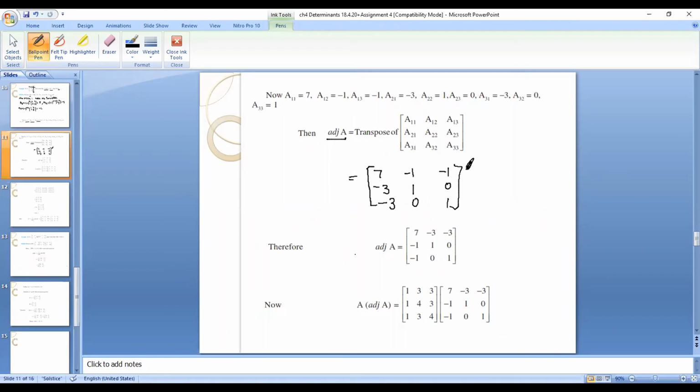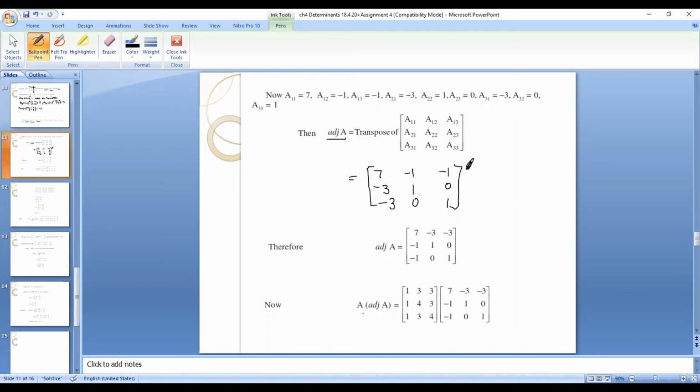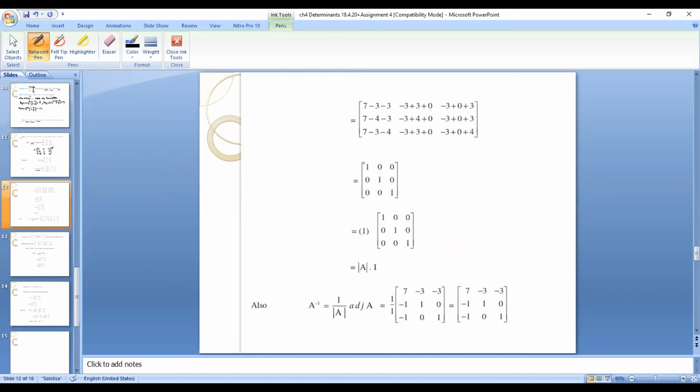Now our question was to prove that A into adjoint A is a determinant. So we will multiply A with adjoint A. I've written matrix A first, then adjoint A. We will multiply both the matrices.